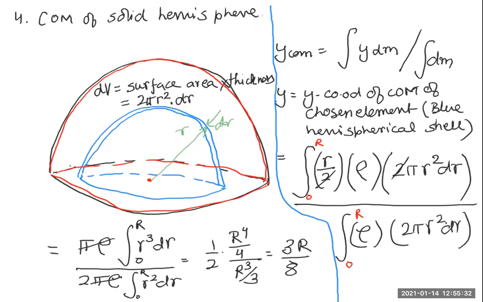So y coordinate of center of mass is equal to 3R upon 8.